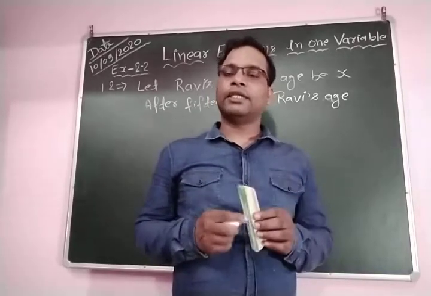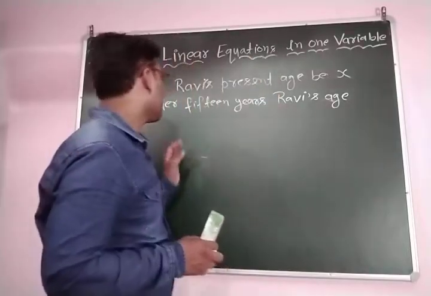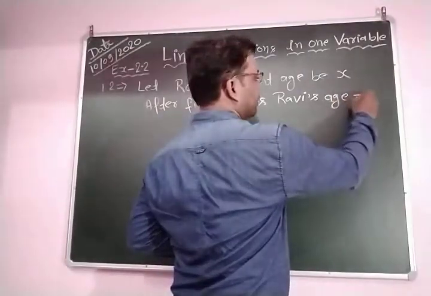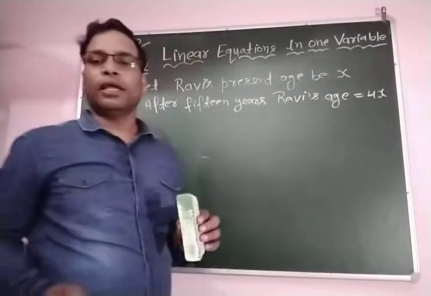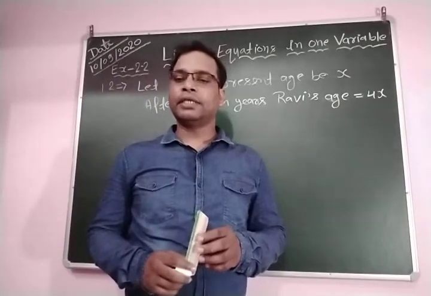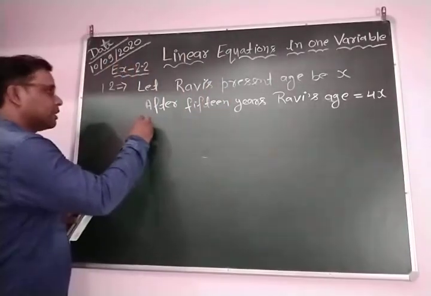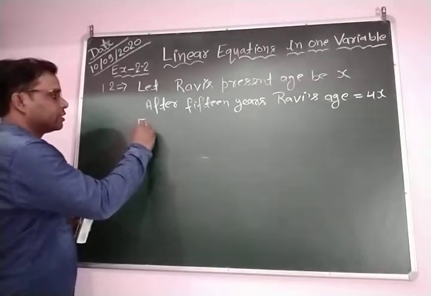But here we let the present age of Ravi be x. So after 15 years Ravi's age is equal to 4 into x, which is 4x years. Also, 15 years from now means after 15 years Ravi's age.